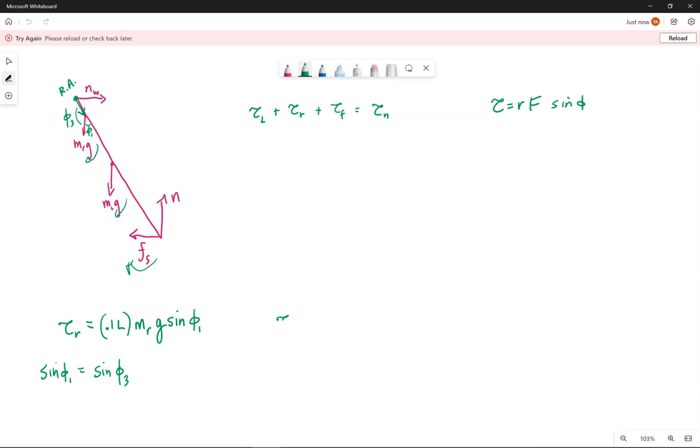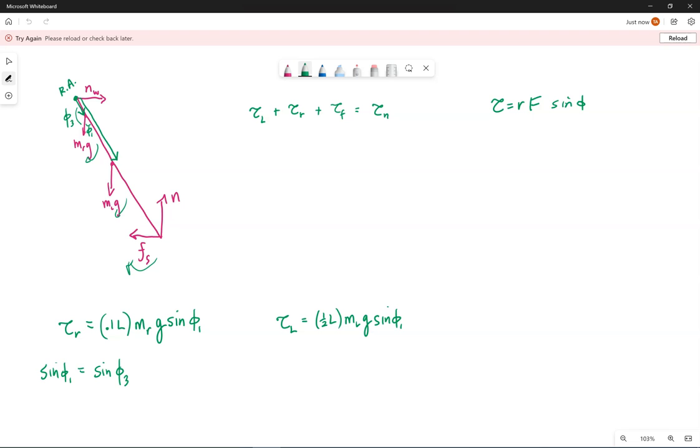The torque due to the ladder, the lever arm still points down, so starting at the top of the ladder, because that's where I put the rotation axis, and go down to the middle of the ladder. The length of that lever arm is still half the length of the ladder. The force is still mass of the ladder times g, and then again sine of phi to get those perpendicular components.